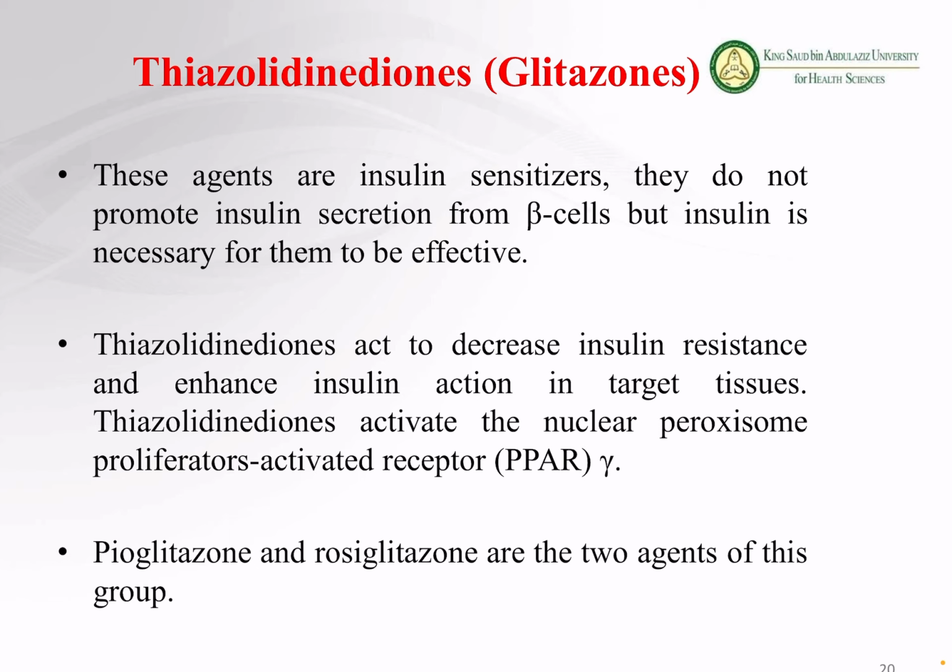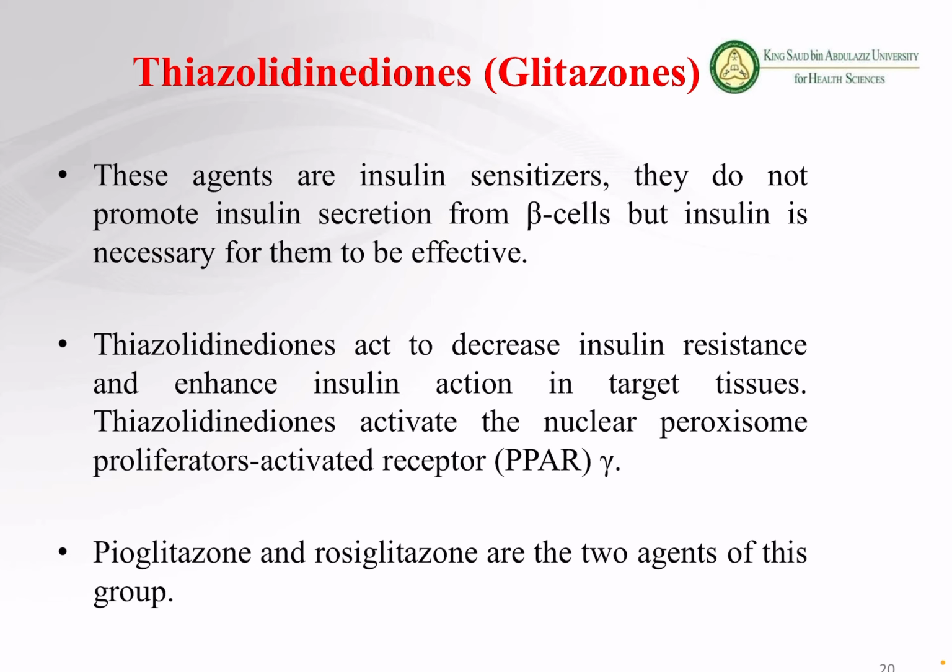So these agents do not promote the insulin secretion from the beta cells, but the insulin is necessary for them to be effective. How will these drugs work? Thiazolidinedione acts to decrease the insulin resistance and enhance the insulin action in the target tissues. Okay, by this they can work.